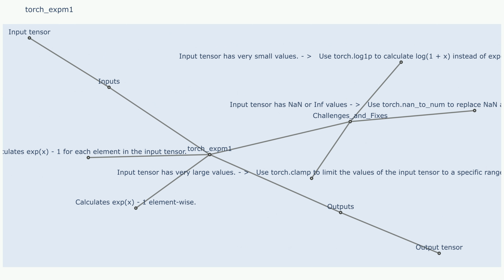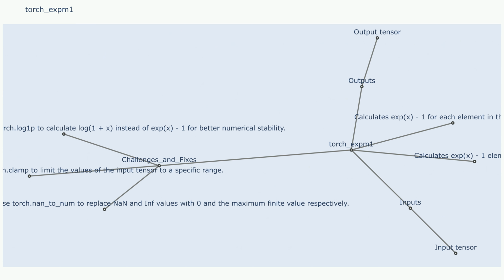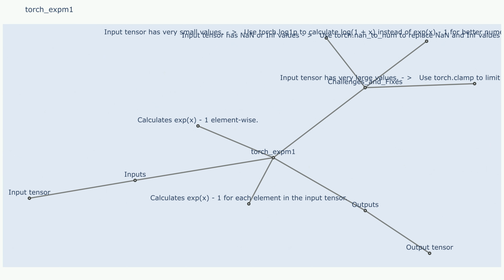Steps. The input tensor is passed to the expm1 function. For each element in the input tensor, the function calculates exp(x) - 1, where x is the element value. The resulting values are stored in a new tensor of the same shape as the input tensor.